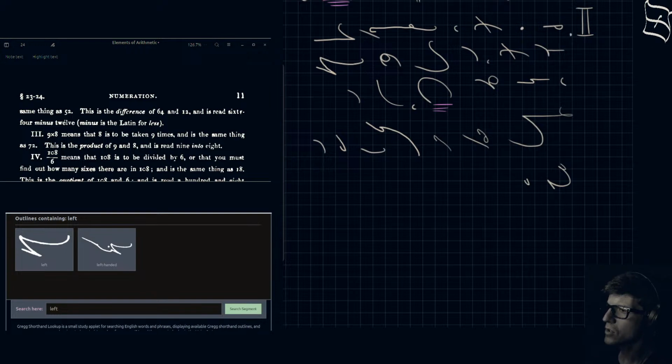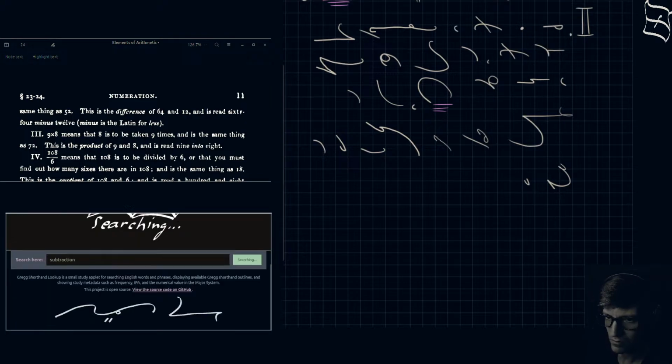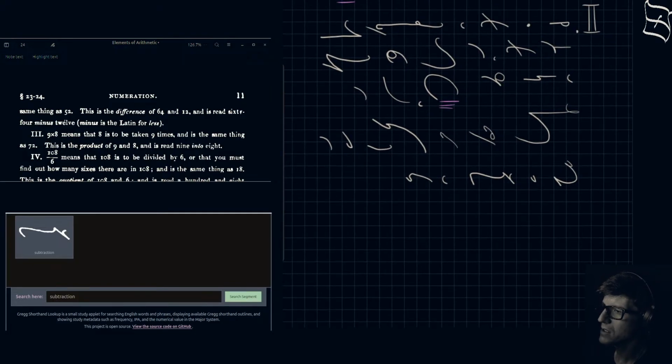Let's go ahead and do subtraction, which is going to be down here. Is called minus. Minus would be, because we've done plus and then we have minus.